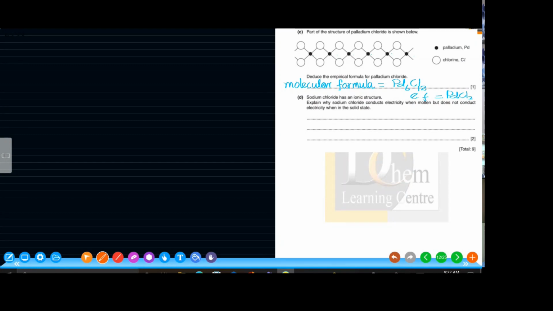Explain why sodium chloride conducts when molten but doesn't conduct electricity when it is in the solid state. Because in the solid state, these ions are not moving because they are at fixed positions of the lattice structure.